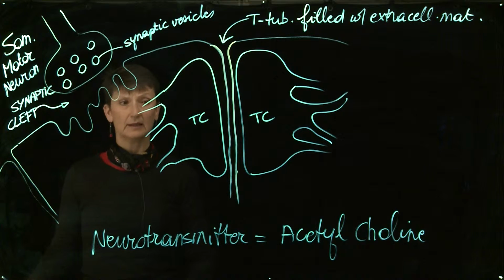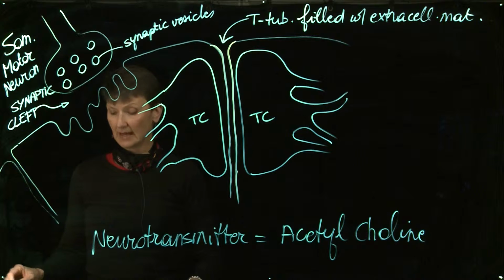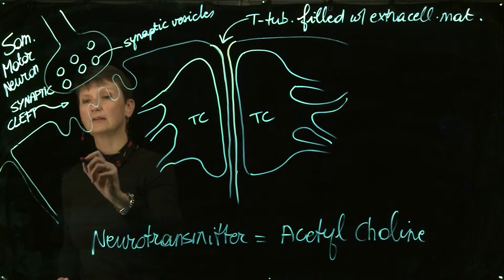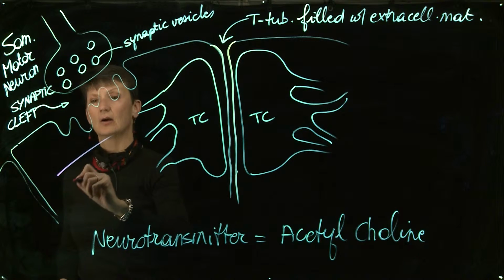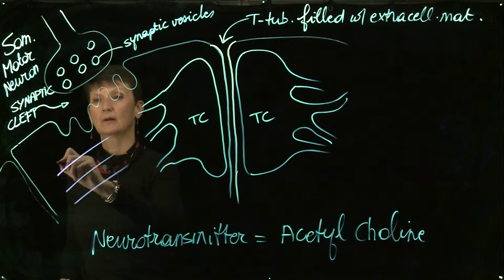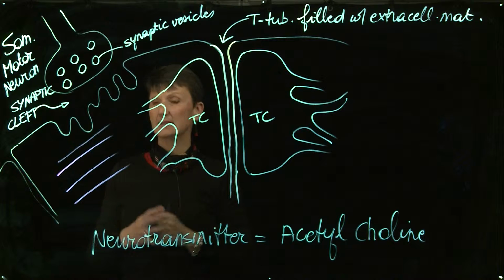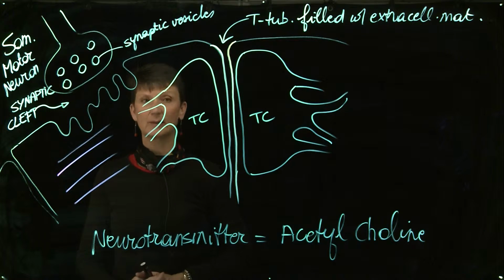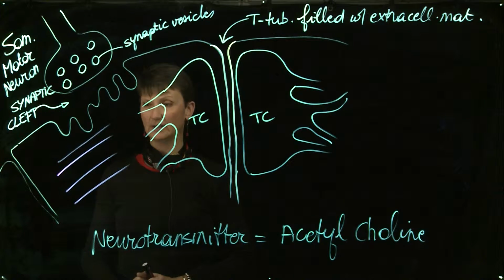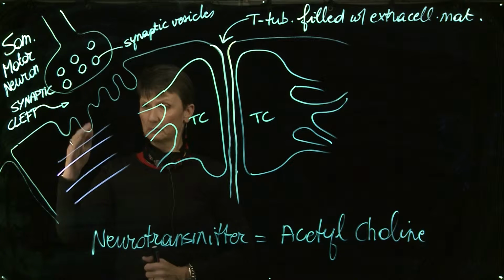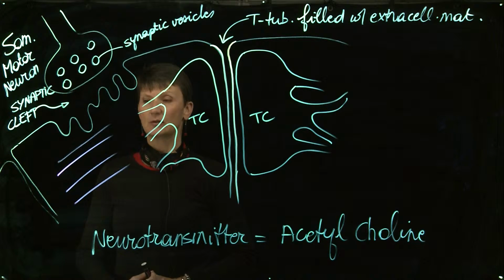And then finally, let's not forget that we have our thick and thin filaments inside of our sarcoplasm organized inside of myofibrils. Again, I'm not going to draw that very detailed, but this is going to represent those myofibrils with their thick and thin filaments.